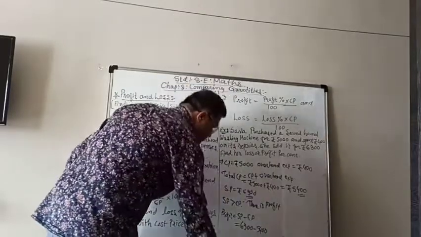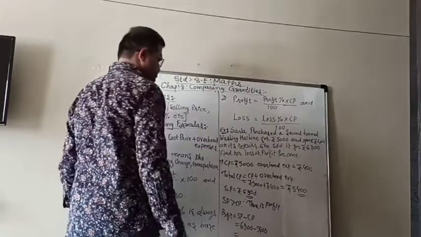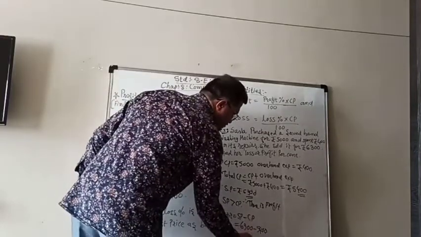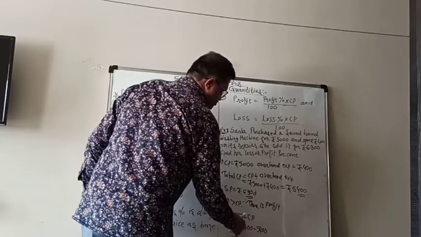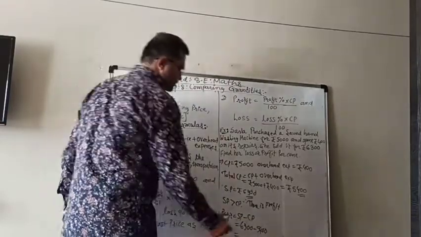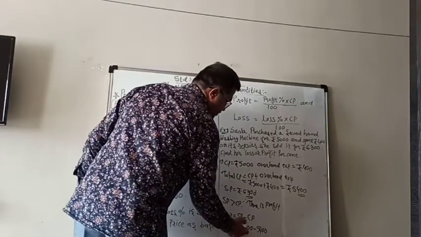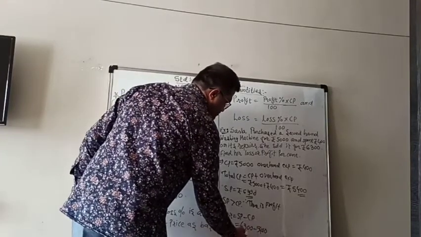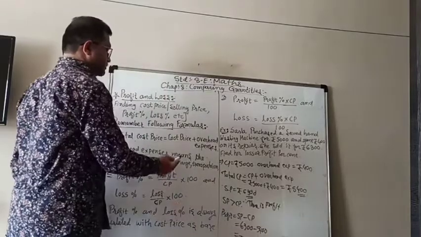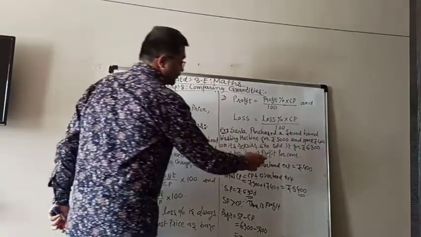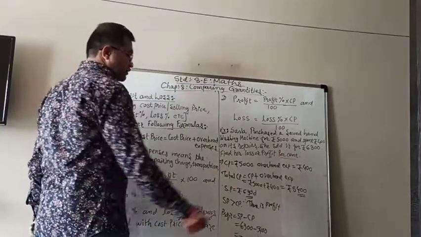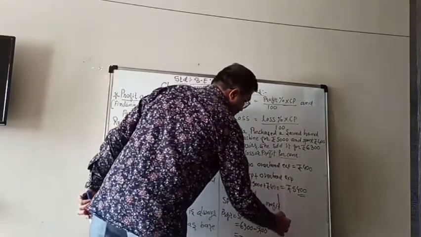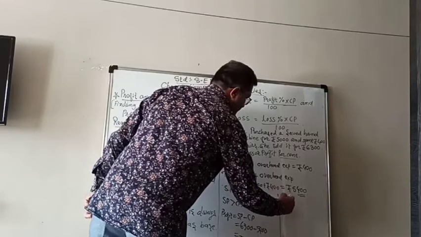So what will be the profit in rupees? 0 minus 0, 0 minus 0, 0, then 13 minus 4 is 9. And here 5 minus 5, so rupees 900 is the profit. But we have to find the profit or loss, whatever is there, in percent. So now we have to convert into profit percent.